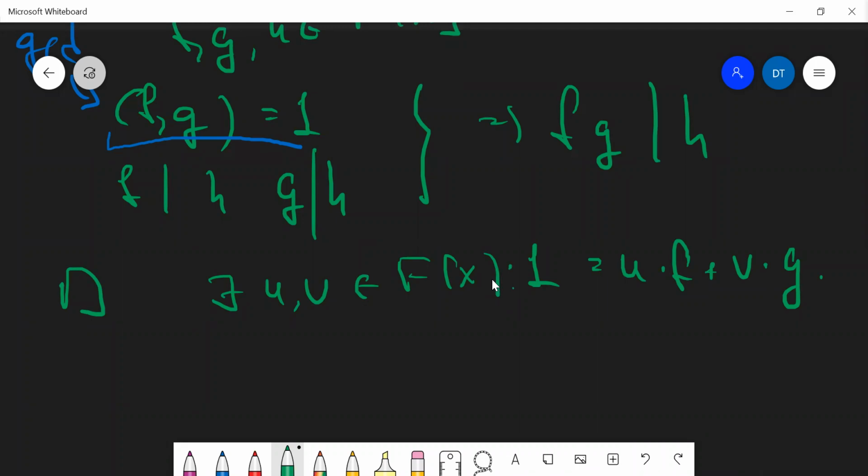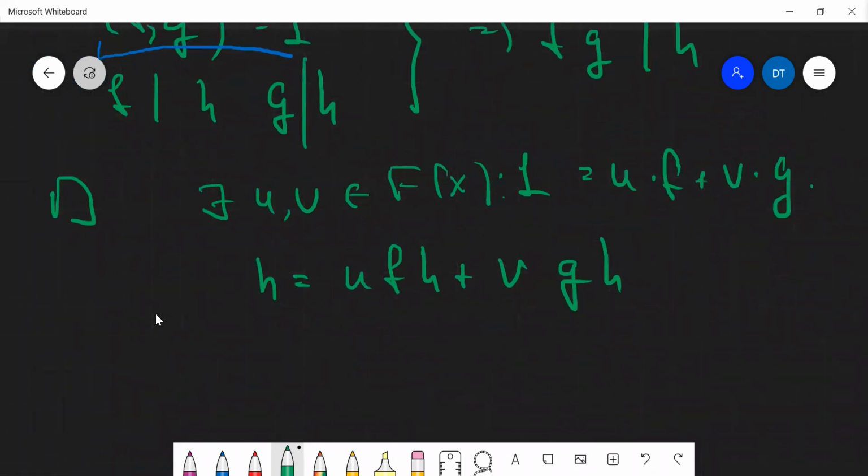Now, multiply this equality by H on the left and on the right, and you will get that H is equal to UFH plus VGH. And now I want to prove that this is divisible by F times G. Now, you see here, this is F, but by this property, this is divisible by G. That is, this one is represented as G times H0.